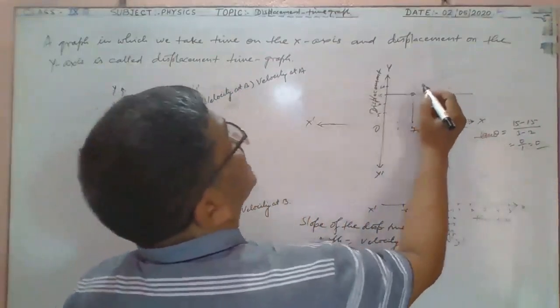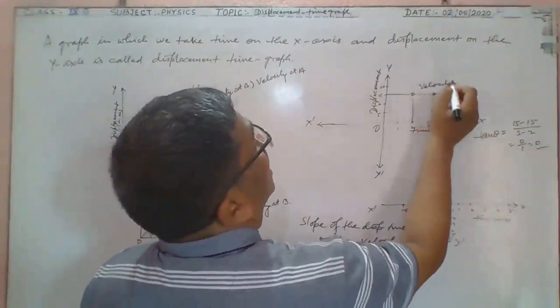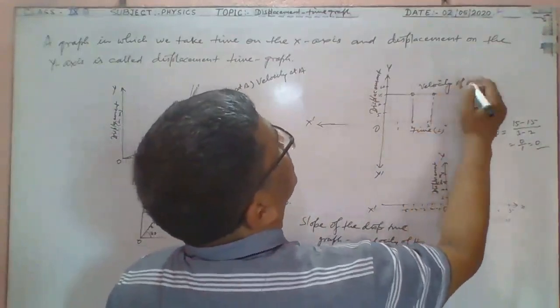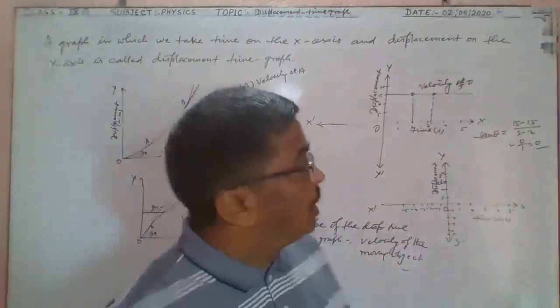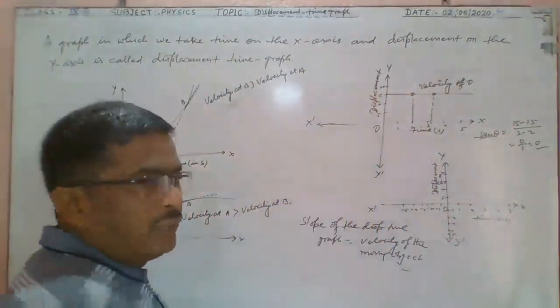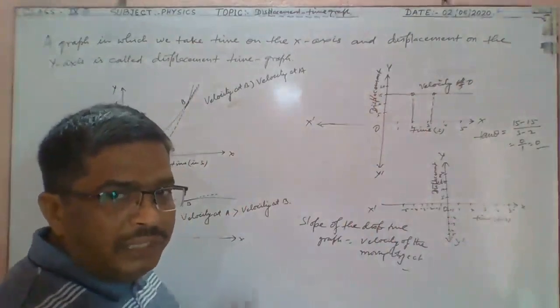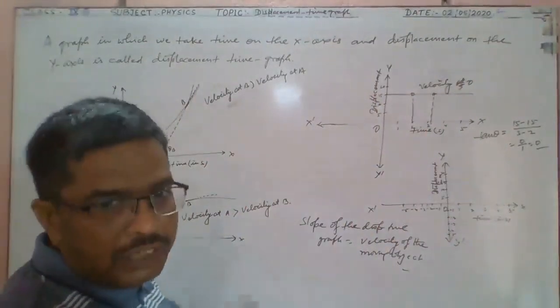So in that case you can say that the velocity of the moving object equals 0, right? Velocity equals 0. So from this graph you can analyze that the object is not in motion. Velocity 0 means displacement change is 0.